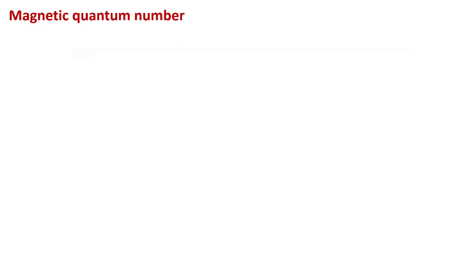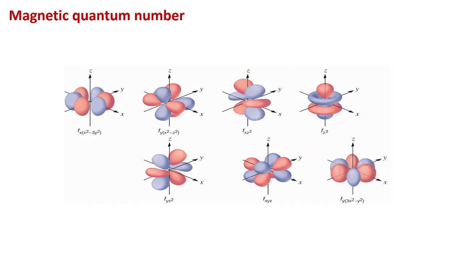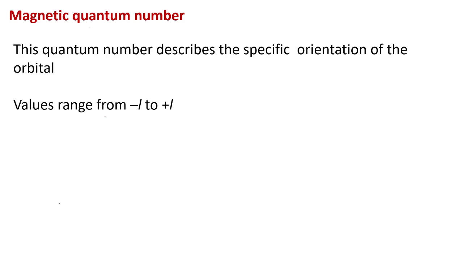And then if you look at one more suborbital like the f orbital, you see that it can have 7 different shapes that the electron can occupy. Now this number, which is going to tell us the specific orientation, is what we call the magnetic quantum number. Magnetic quantum number is denoted by m and its values range from minus L to plus L.